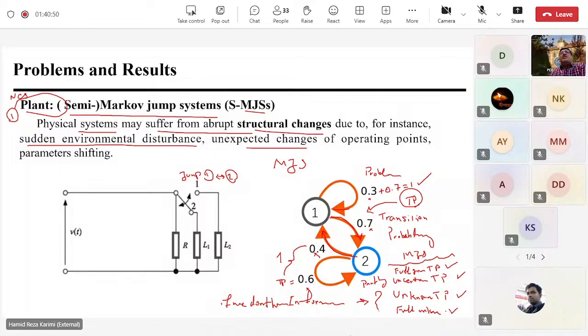For all of these cases you are able to do some research, model your CPS, and apply different control strategies. If you are interested in this, you can contact me, because this is one of our research areas.